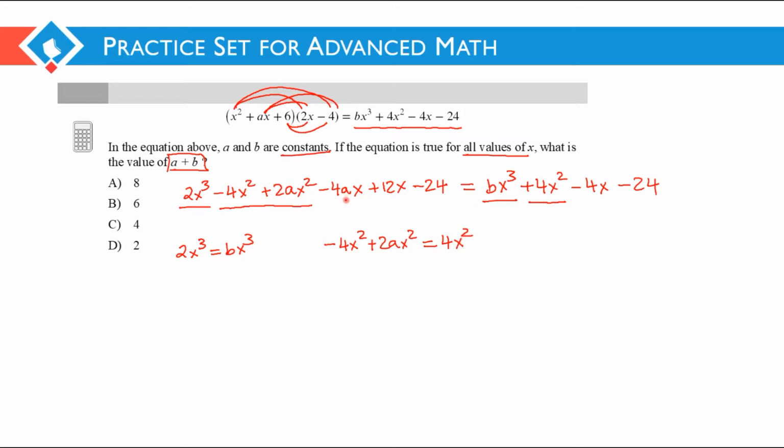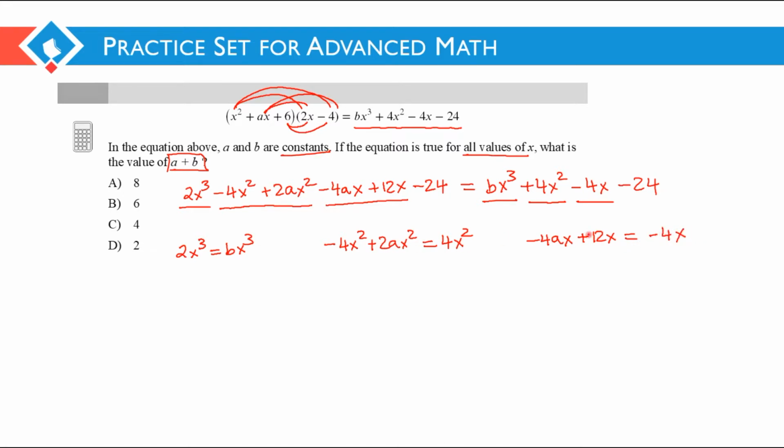And then we'll do the exact same thing here. Minus 4ax plus 12x is going to be set equal to this minus 4x. So minus 4ax plus 12x is going to be equal to negative 4x.